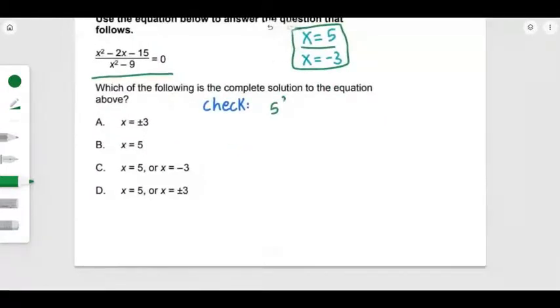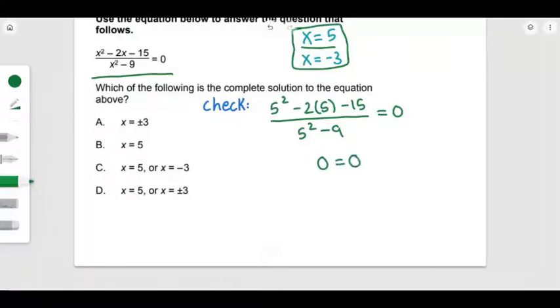So 5 to the power of 2 minus 2 times 5 minus 15 over 5 to the power of 2 minus 9 equals 0. Now if you put all this into the calculator, it will give you a value of 0.